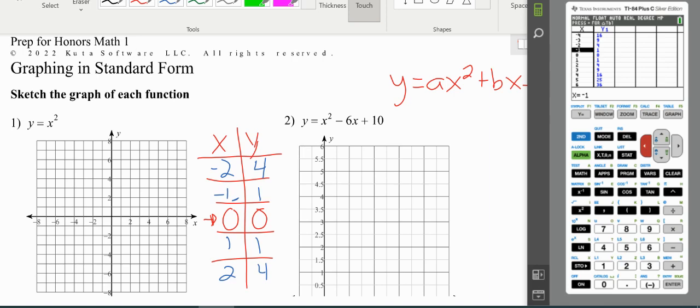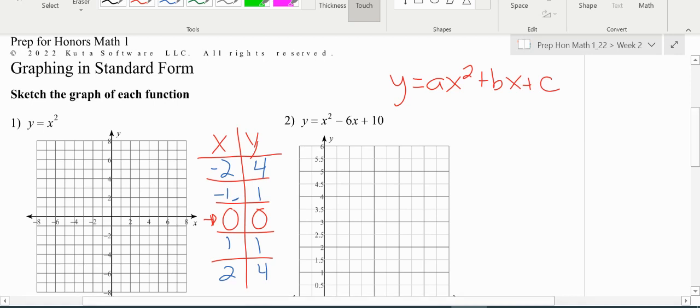If I was to go ahead and plot this, I have 0, 0. We have 1, 1. And then the same point occurs on the other side. And then we also have 2, 4.